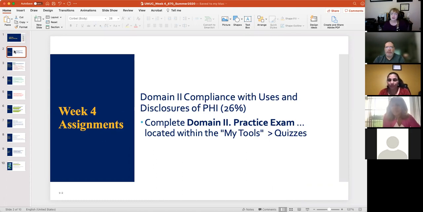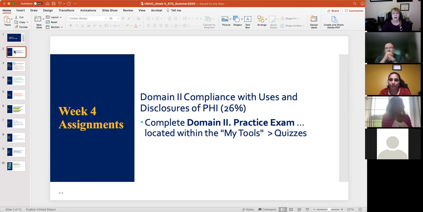And of course, this week we're hitting domain 2, compliance with uses and disclosures of PHI. For those of you who may not be so familiar, use and disclosure are being used in this particular case with regard to HIPAA.